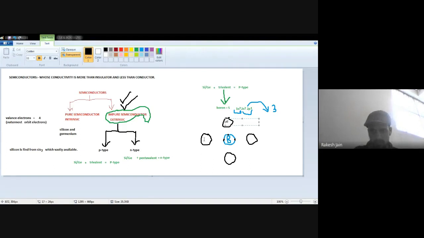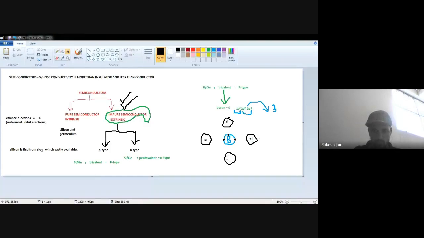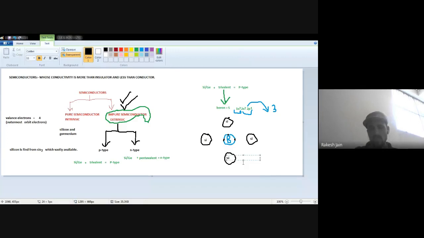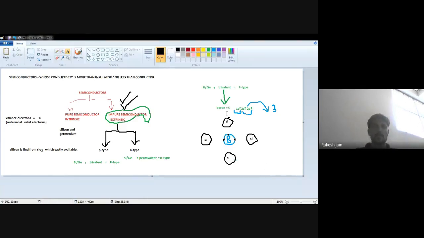This one is silicon. This one is silicon. This one is silicon. The quantity is more, it means the silicon quantity is more. So silicon. And we know that silicon consists of 4 valence electrons.